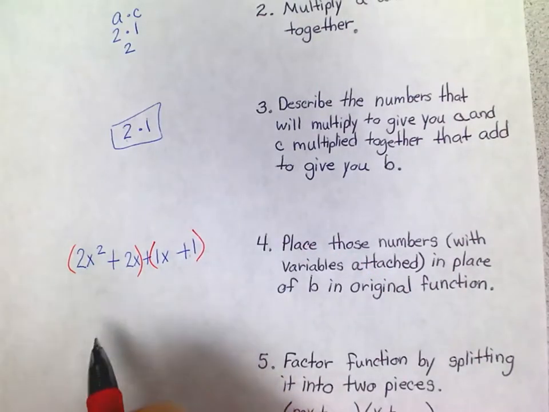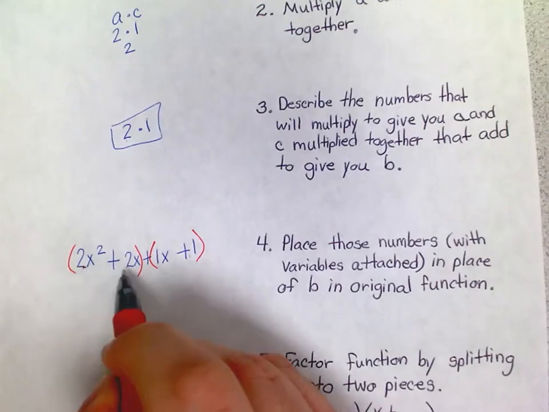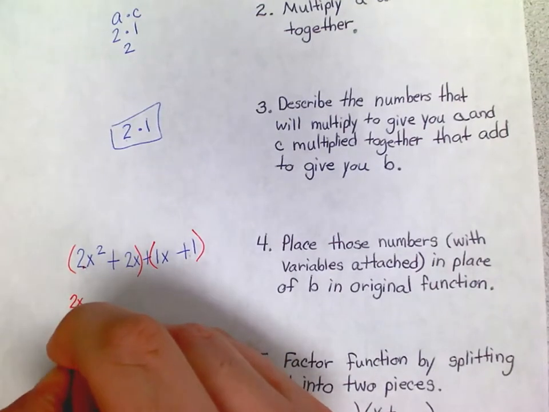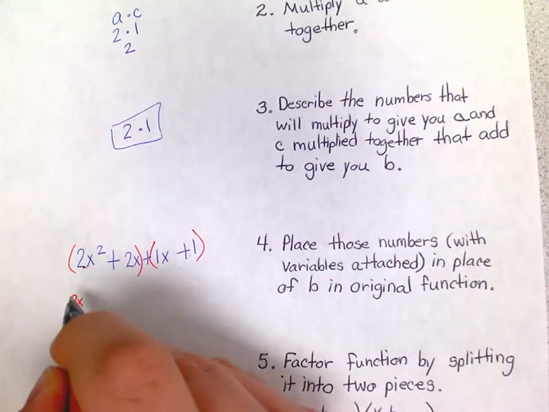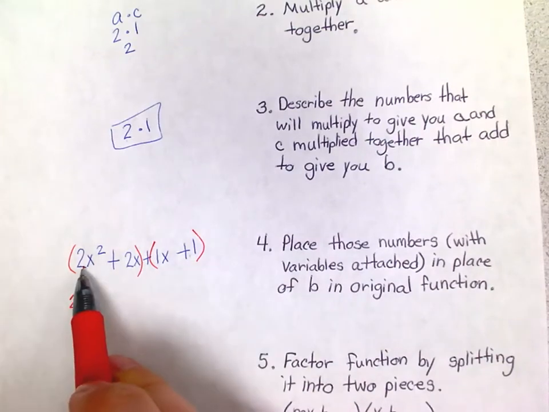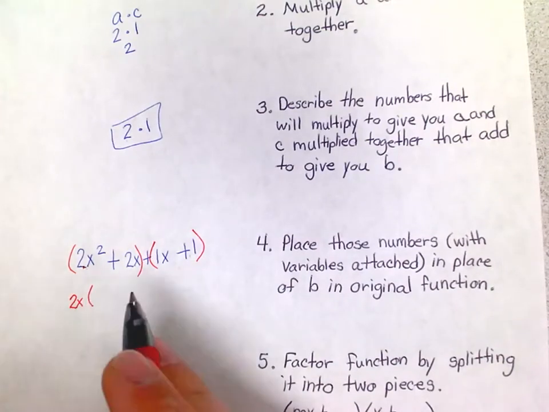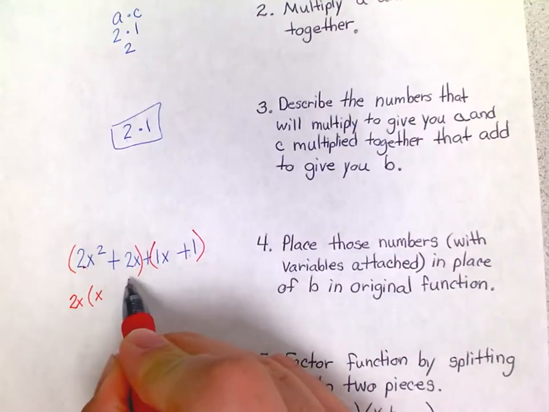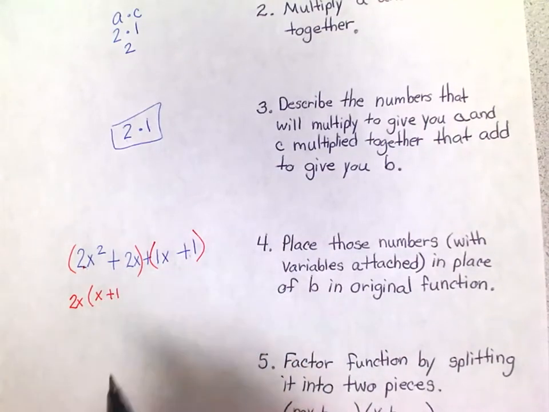In this first set here, I believe you'll see that we can factor out a 2x on both sides of this term. So we pull out a 2x. What we're going to be left with here, when we divide this term by 2x, we're just left with x. And over here, we're going to be left with a positive 1, or just plus 1.